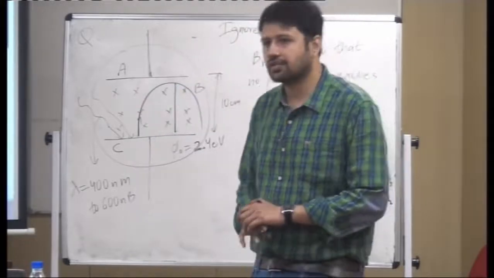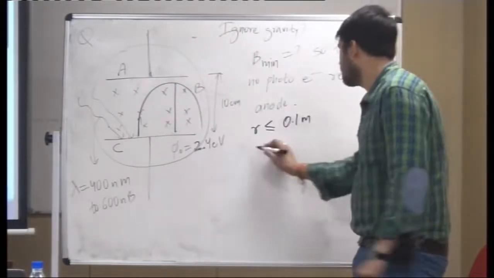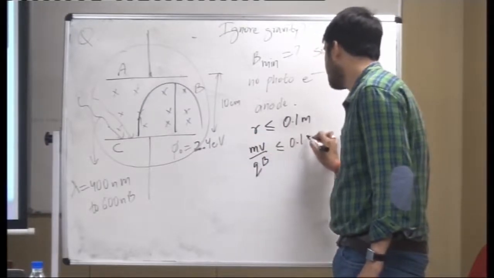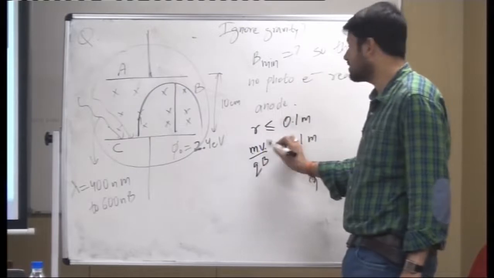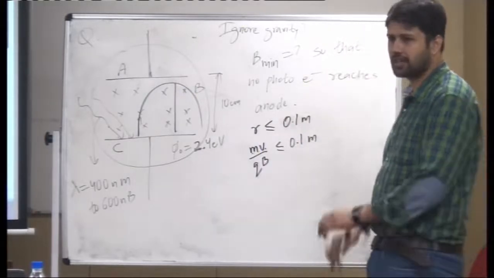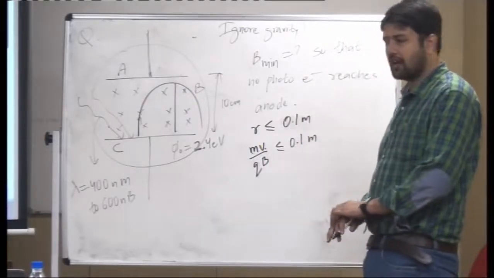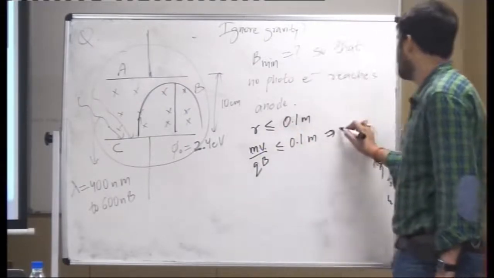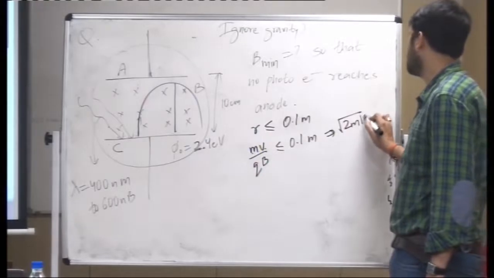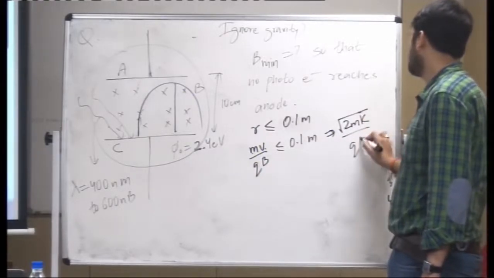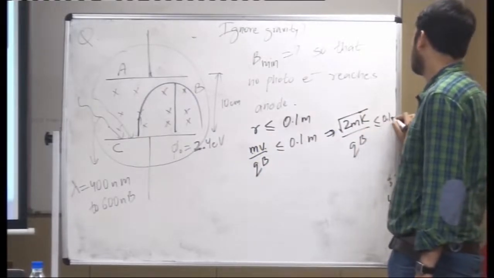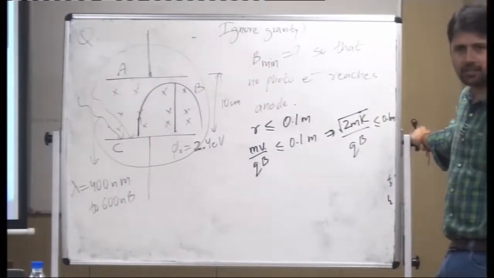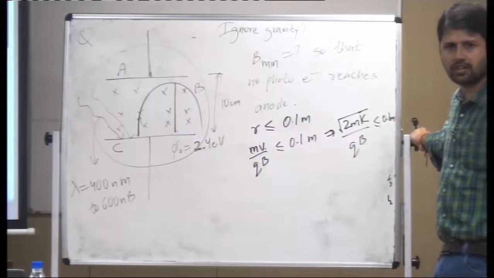So radius was mv by qb. So mv by qb is less than or equal to 0.1. Mass of electron, v is the velocity of electron. mv is the momentum. You can instead write it as under root 2 mk by qb. Can we write momentum as under root 2 mk?